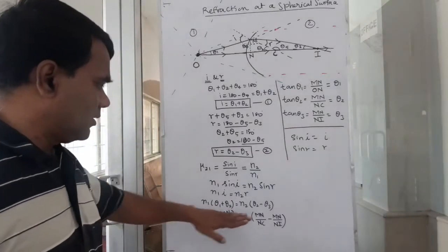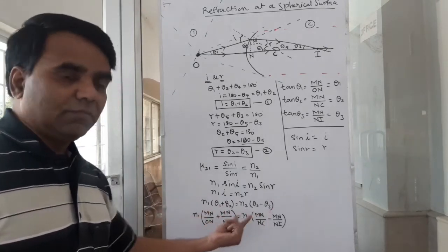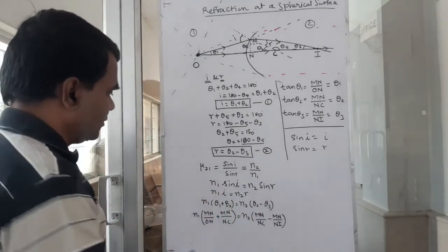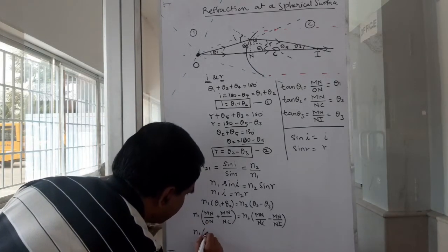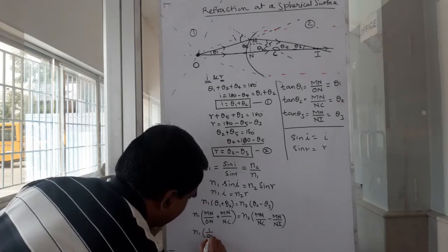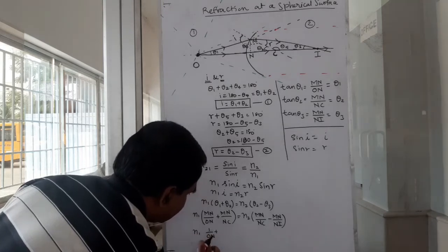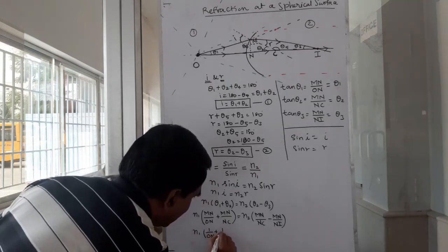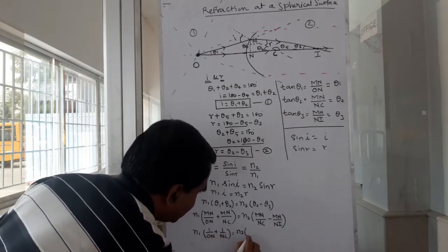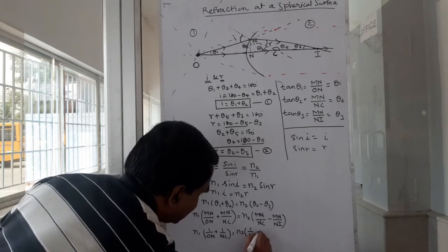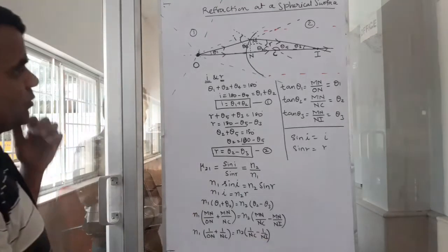I can divide both sides by MN, where it's common. Okay, if I divide all that, then what I'm going to get now? I'm going to get n1 into 1 by ON plus 1 by NC equals n2 into 1 by NC minus 1 by NI. So this is what I get now.